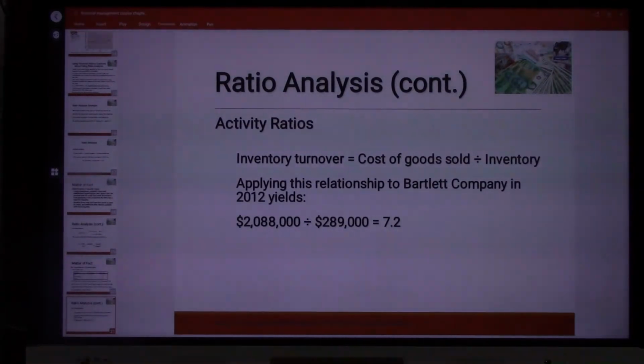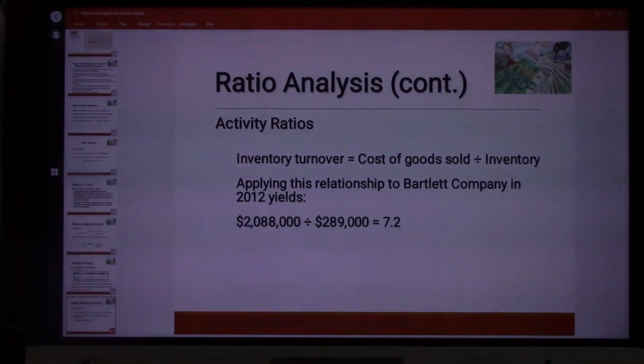The first one is called inventory turnover. Inventory turnover equals cost of goods sold divided by our inventory. Using our data, we could conclude that the inventory turnover equals 7.2. As I told you, the meaning of this ratio is important.